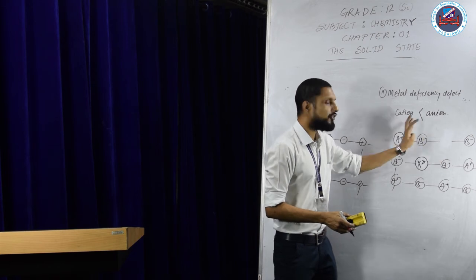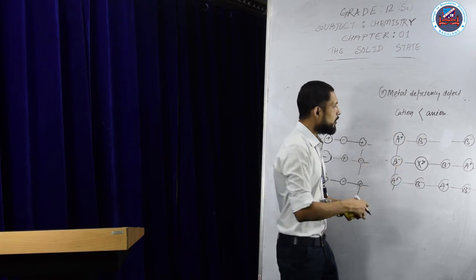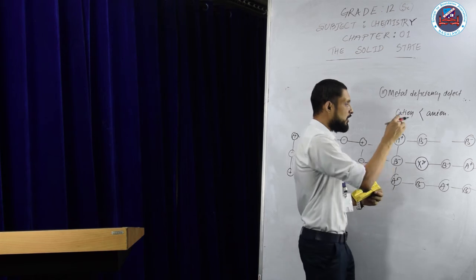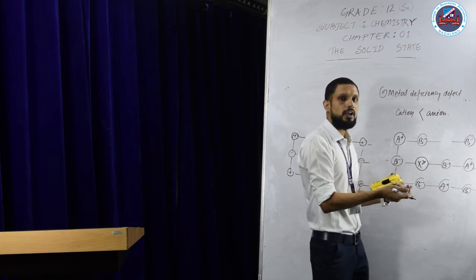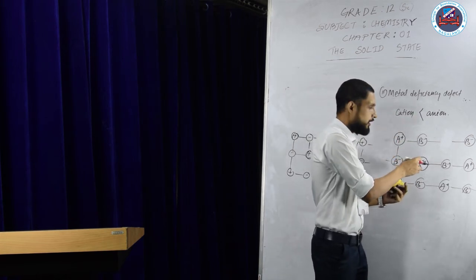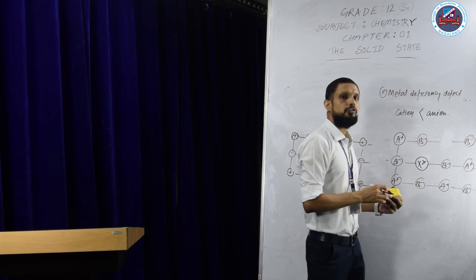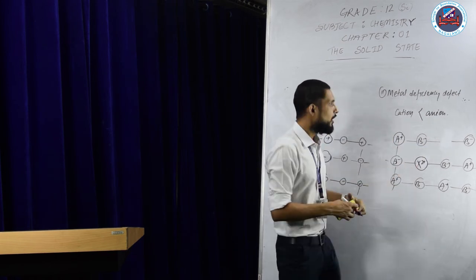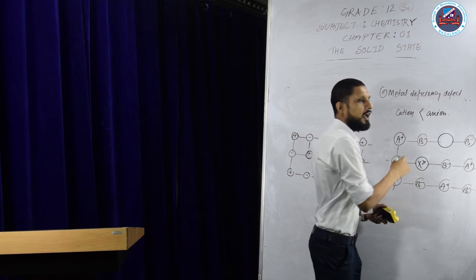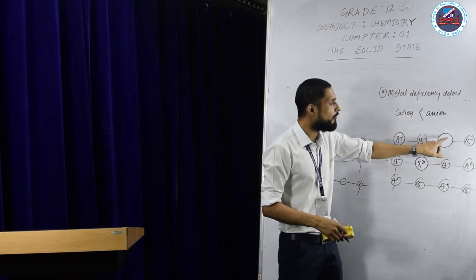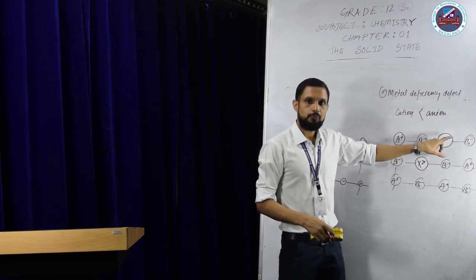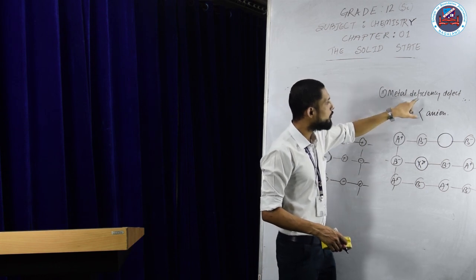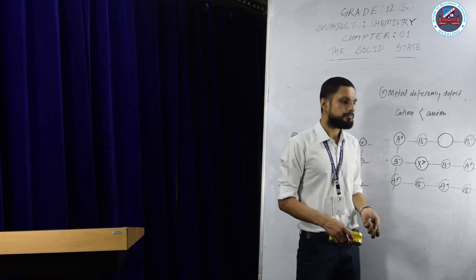Now the charge is balanced because 2 A positive missing means 2 positive is missing, but there is an external ion having charge 2 positive. So the overall charge will remain same, but there is a vacancy, and the vacancy is because of the missing cation. So this type of defect is known as metal deficiency defect.